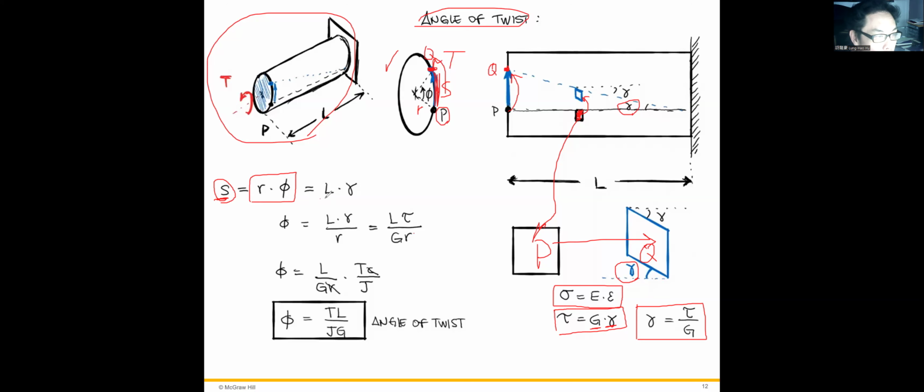Equals L times gamma. What's L? L is the length of the rod, right?